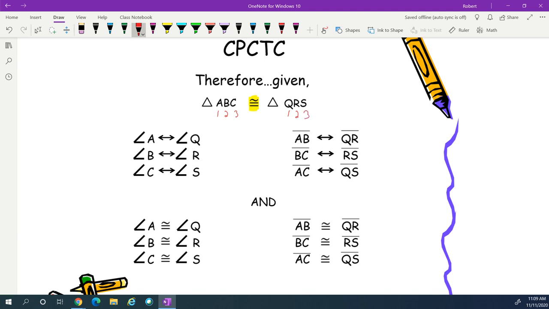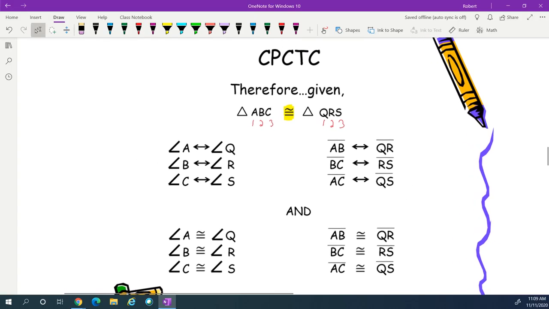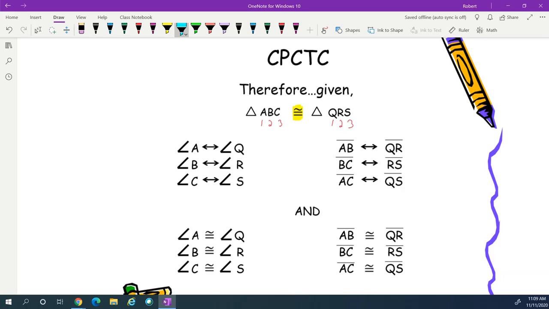Well, then what we can say is that angle A corresponds to angle Q because that's vertex 1 with vertex 1 or angle 1 with angle 1. And since the corresponding parts of those congruent triangles are congruent, we can say that angle A is congruent to angle Q.